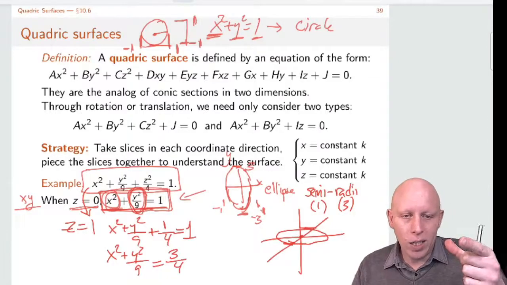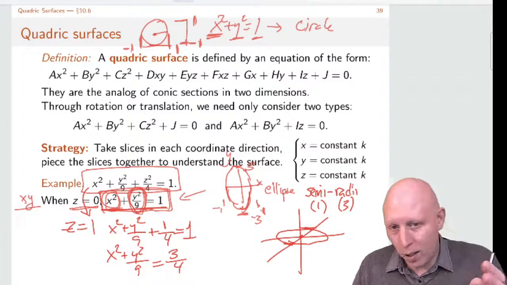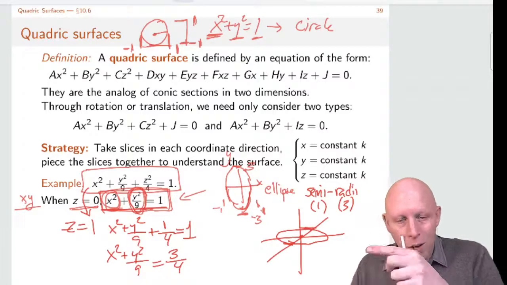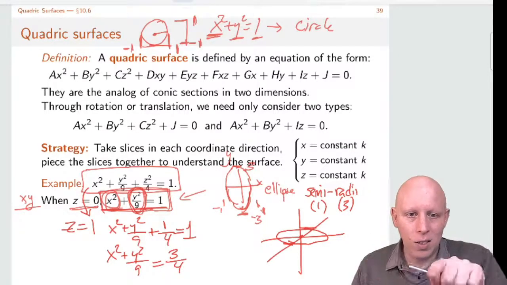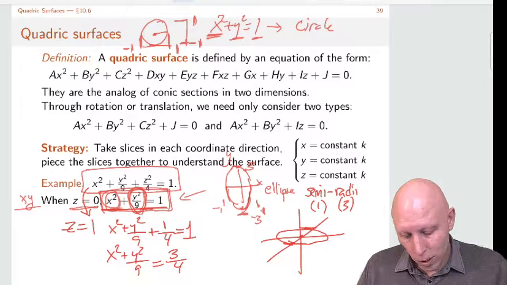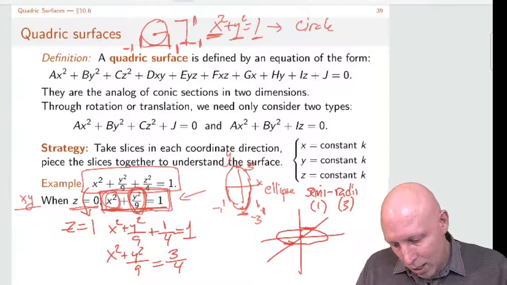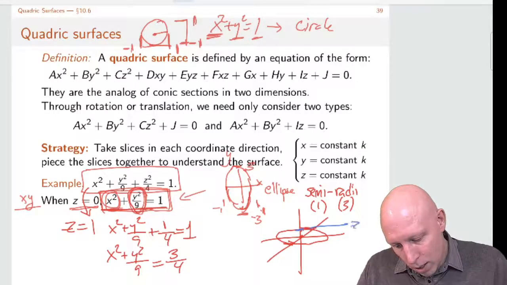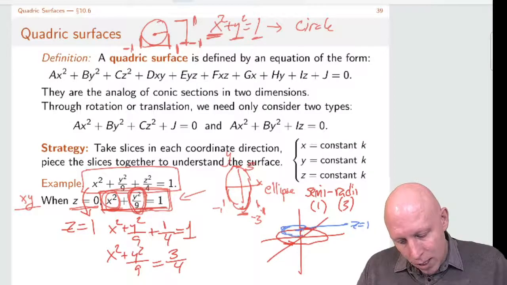So instead of being an ellipse where x has distance 1, now x has distance √3 over 2. What that's saying is that if we go up to height z is equal to 1, then we have an ellipse that's a bit smaller.